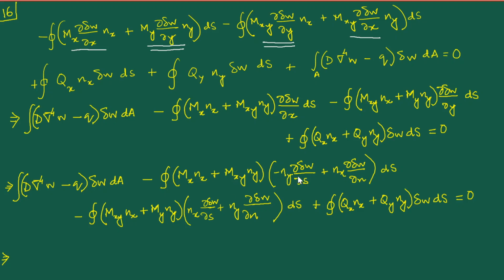At the same time, I will collect all the terms which have as their coefficient this del delta w del s term, that I will take as common, and similarly I'll take all the terms having del delta w del n as common. So I'm skipping a step here, but I hope it's all right. Let me just write this down quickly. The first term remains as it is.